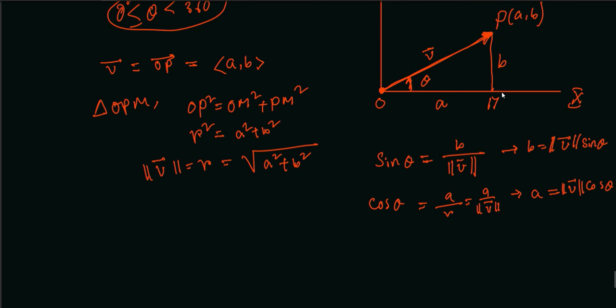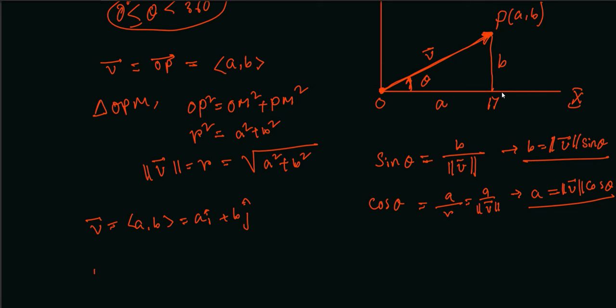As we have seen in our previous video, if a vector has the component form (a, b), this can also be written as ai plus bj. And we have found the value of a and b in terms of the magnitude and the direction of the vector.